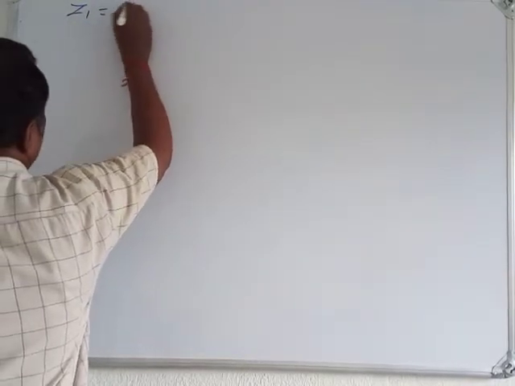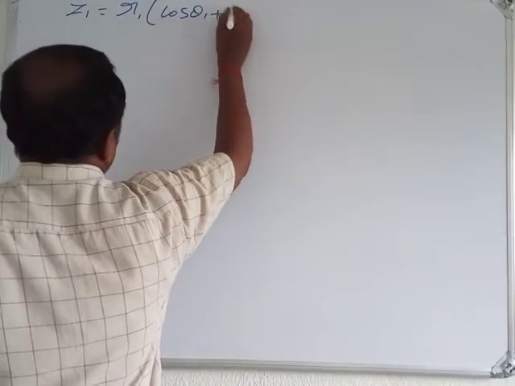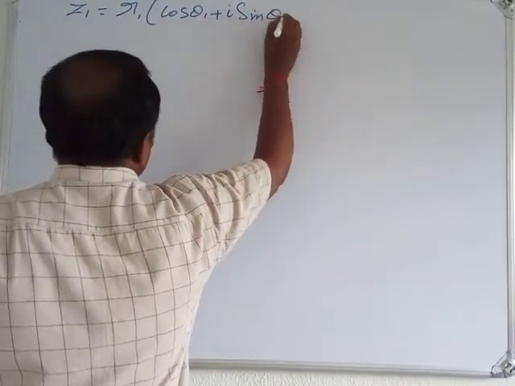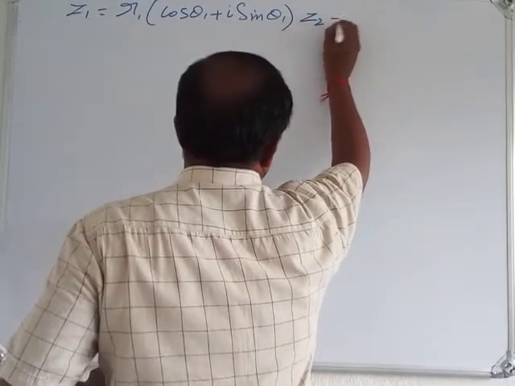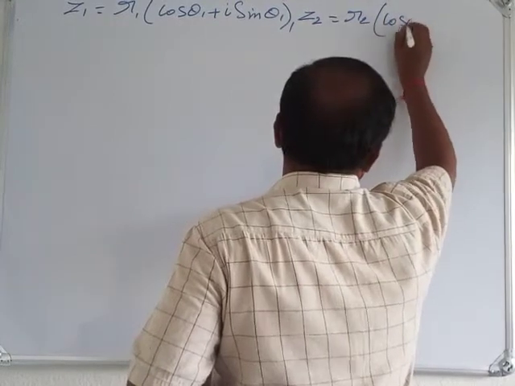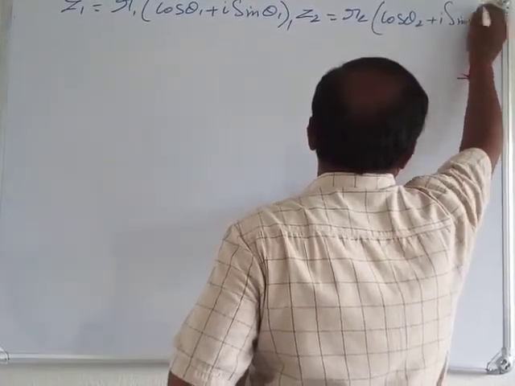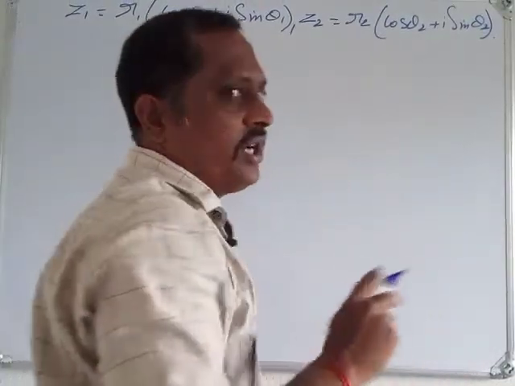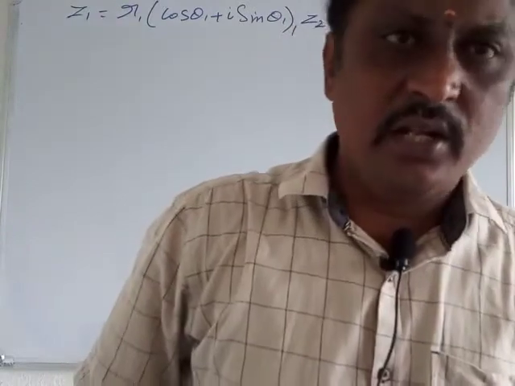Z1 be any complex number. So r1 into cos theta 1 plus i sin theta 1. And the next, z2 is equal to r2 into cos theta 2 plus i sin theta 2. Z1 and z2 are two complex numbers. This property is the product value. Z1 into z2.